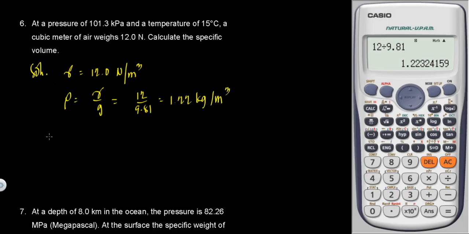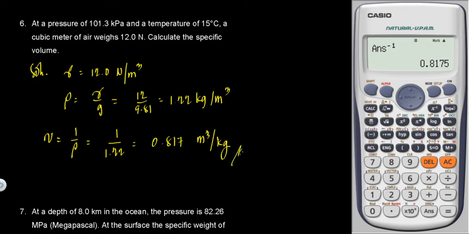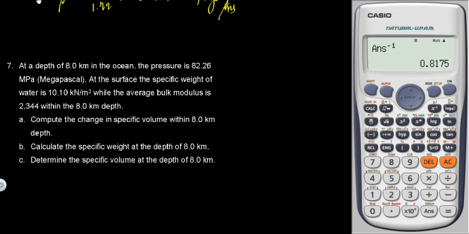To solve for the specific volume, this is equal to 1 over rho, so 1 over 1.22, just the inverse. The answer is 0.817 meter cube per kg. Yes, perfect. Very good.